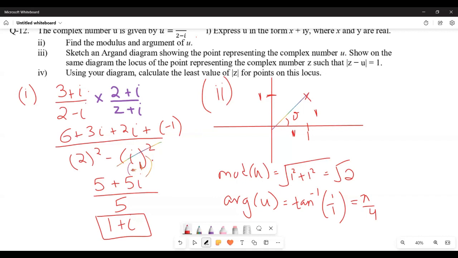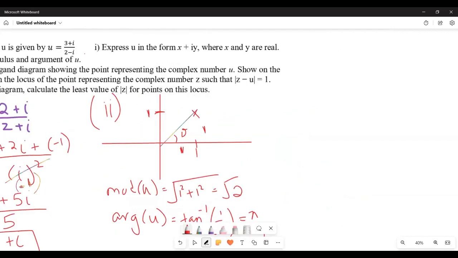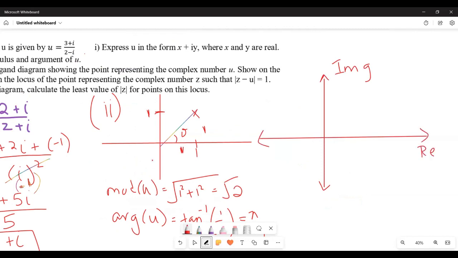Sketch an argument diagram showing the points representing the complex number U, which is just 1 plus iota. Imaginary axis, real axis, 1 plus 1 iota.